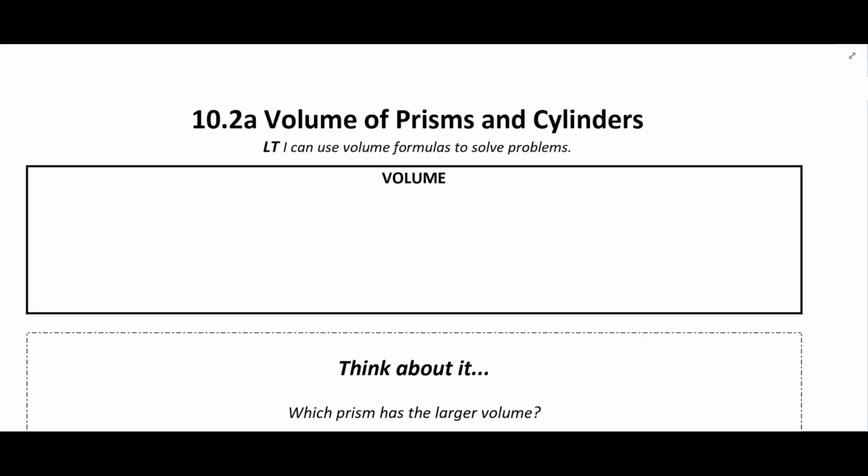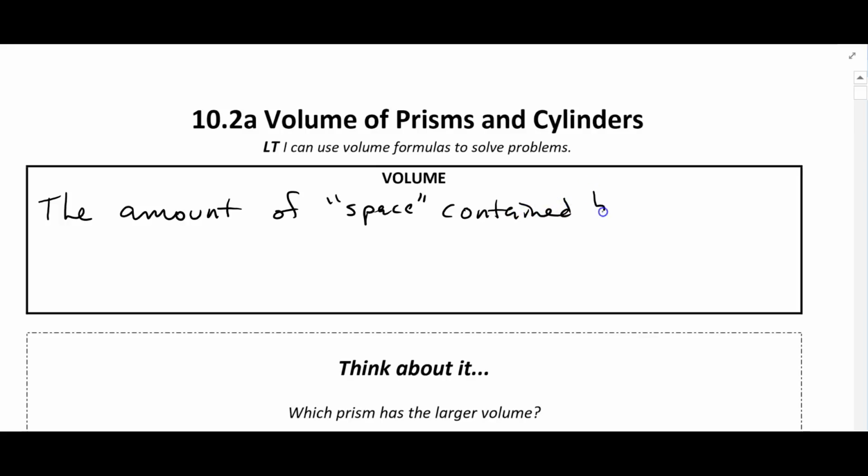So volume is the amount of space contained by a solid figure.